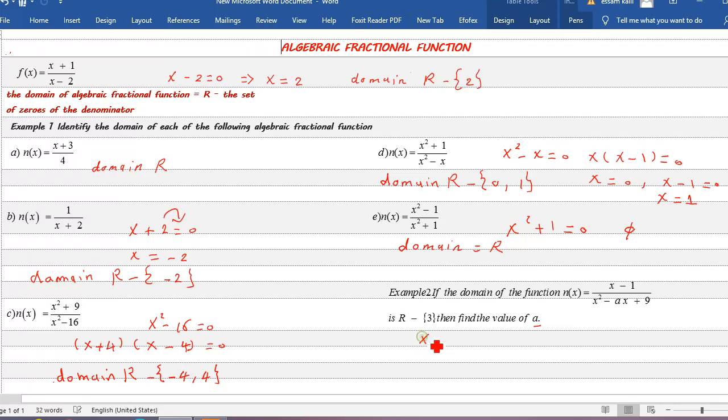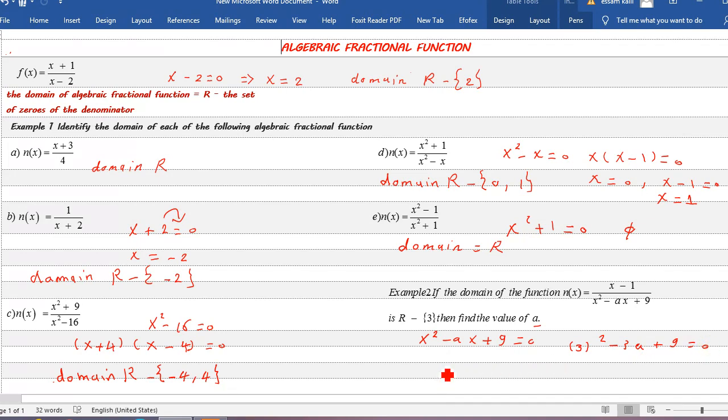Then x power 2 minus ax plus 9 equals 0. If the value of x equals 3 يبقى substitute، يعني هنعوض عن ال x ب 3. يبقى then 3 power 2 minus 3a plus 9 equal 0.